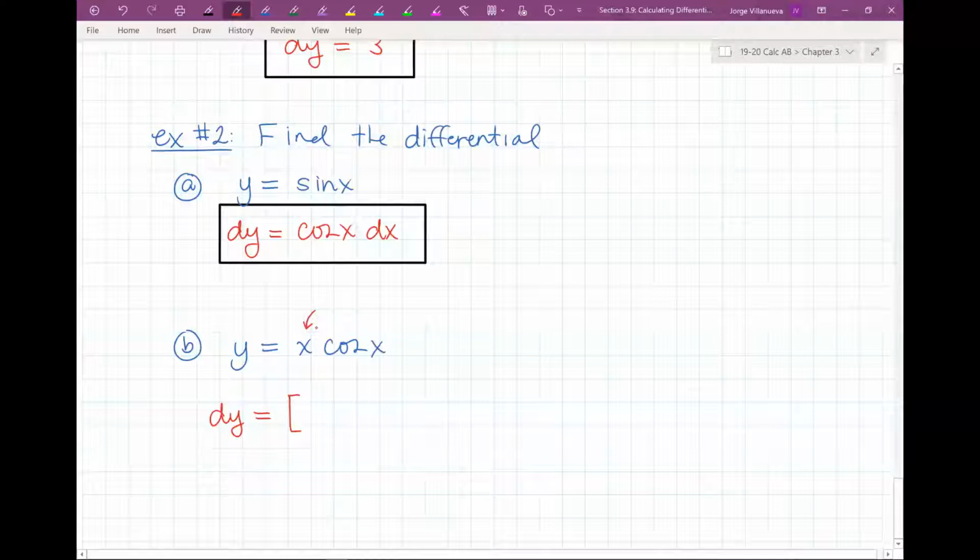So the derivative of x is 1 times the second function, plus, now write the first function and then take the derivative of the second function. So x times negative sine of x, and then I'm going to write dx after it.